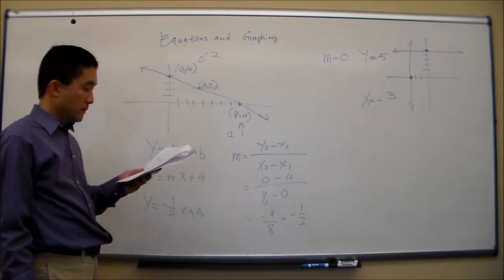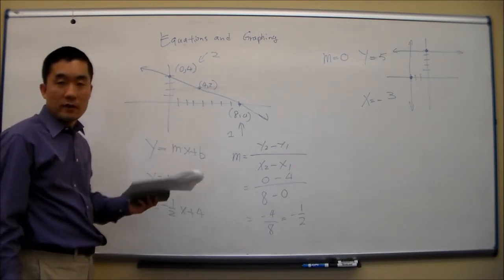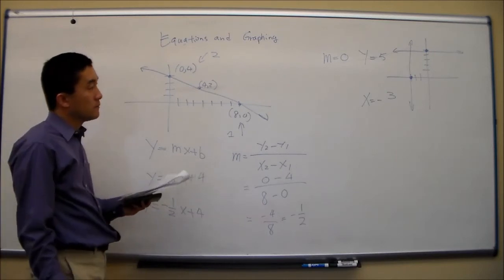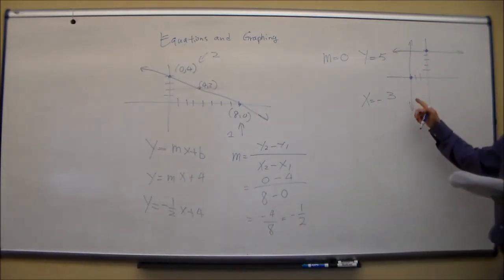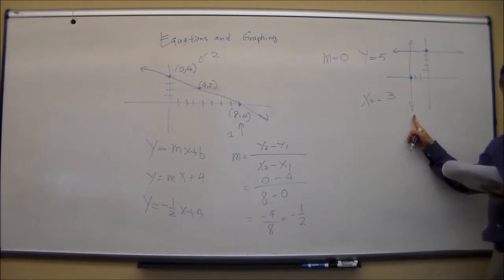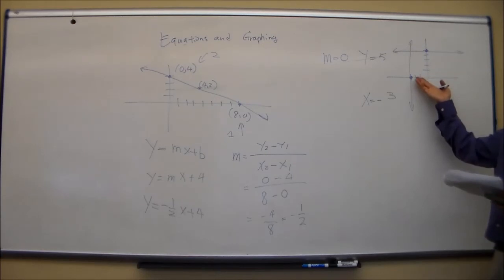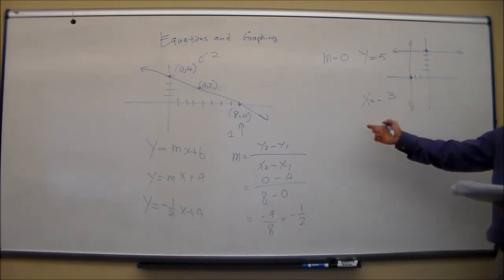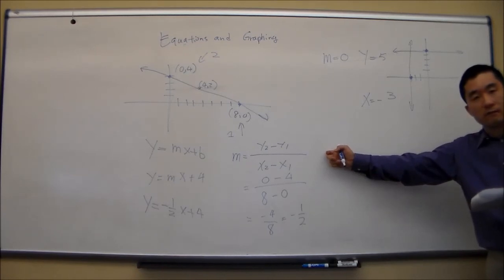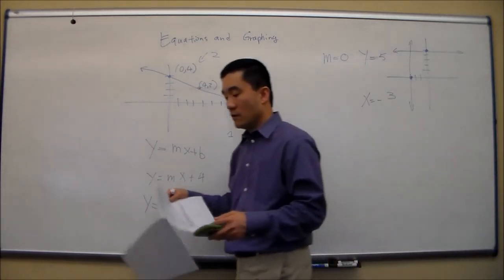It's undefined. There's no definition, so that's undefined. If that makes any sense. So if you have a vertical line, the slope is always going to be undefined. And if you have a horizontal line, the slope is always going to be 0. Any other ones, you use this formula to figure it out. And that's all there is for week 4.